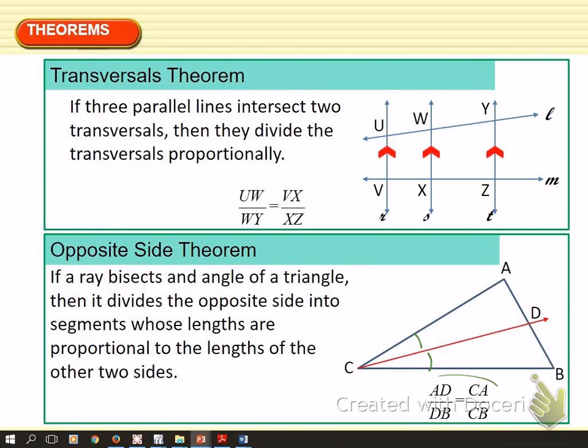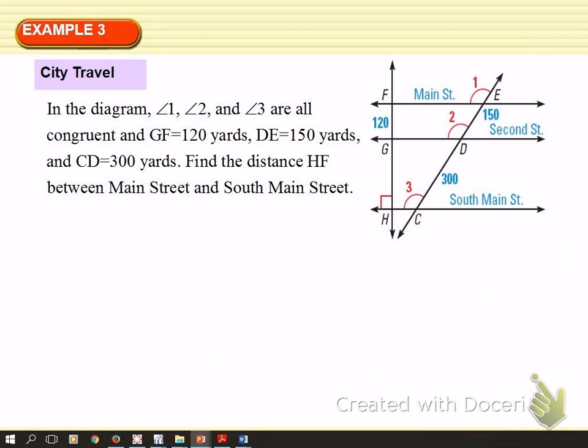So you may not be able to see this down here, but basically if I write a ratio comparing AD to DB, that ratio would have to be equal to AC to CB. Okay? So we go here to here equals here to here. Kind of see that pattern? Again, it's a proportion. There are some other ways you could set this up, but that's what the theorem wants you to do.